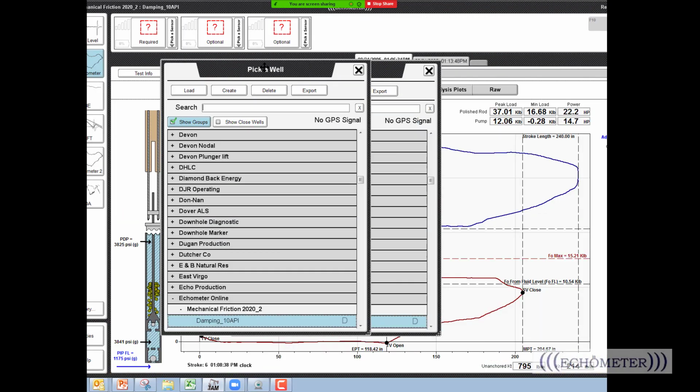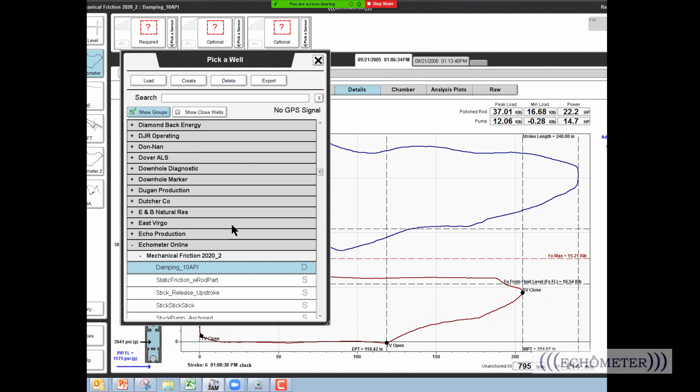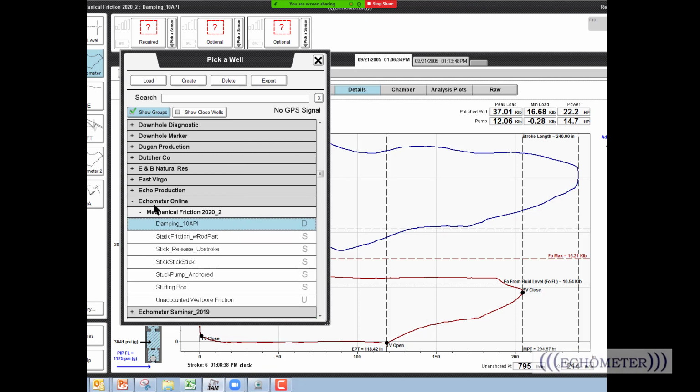And then pick a well. On my computer, if you go to the Echometer webpage and download these examples and install them on your computer, it's going to create a folder called Echometer Online and a subfolder Mechanical Friction, and this is the second Ask Echometer presentation we've done.